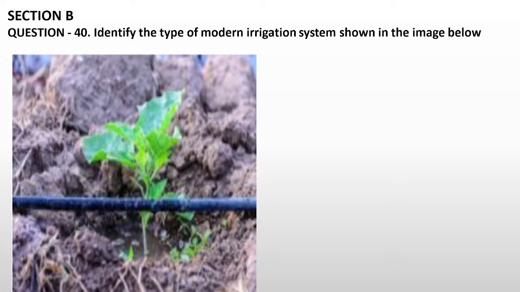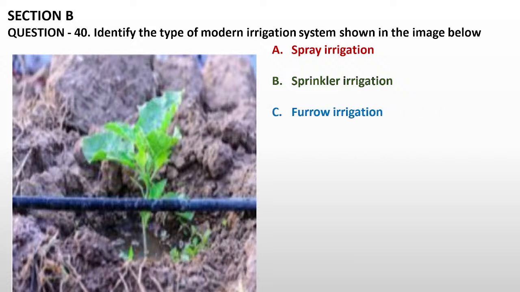And your options are A. Spray irrigation. B. Sprinkler irrigation. C. Furrow irrigation. D. Drip irrigation. Now give me the answer. What kind of irrigation system you can see in this image?